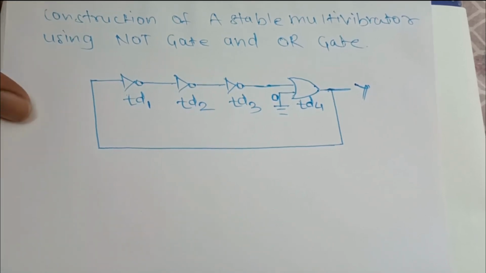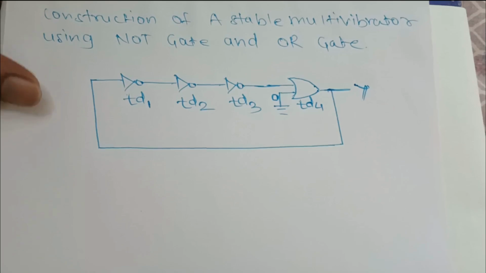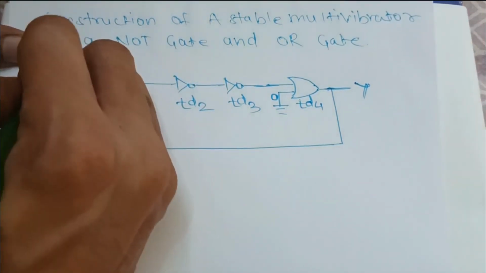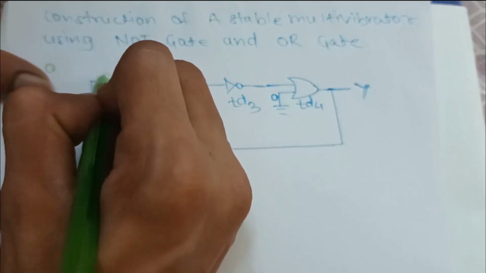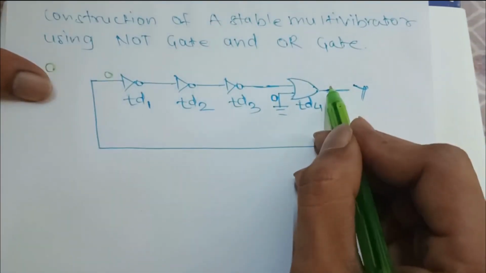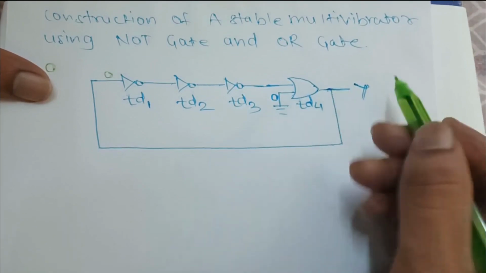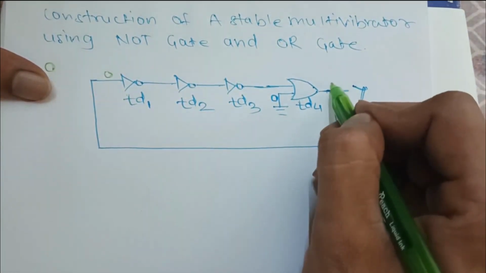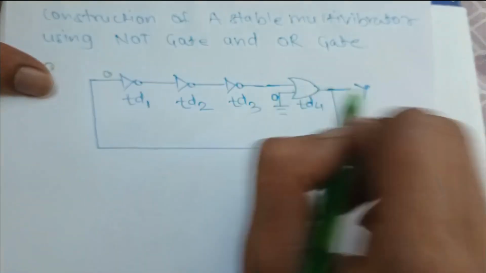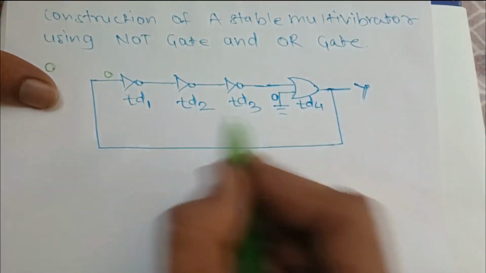First we are going to check whether this is an astable multivibrator or not. Suppose we have given 0 as an input. If you get 0 at this output, then it is a bistable multivibrator. If you get 1 as your output, then it is an astable multivibrator. That is the concept.